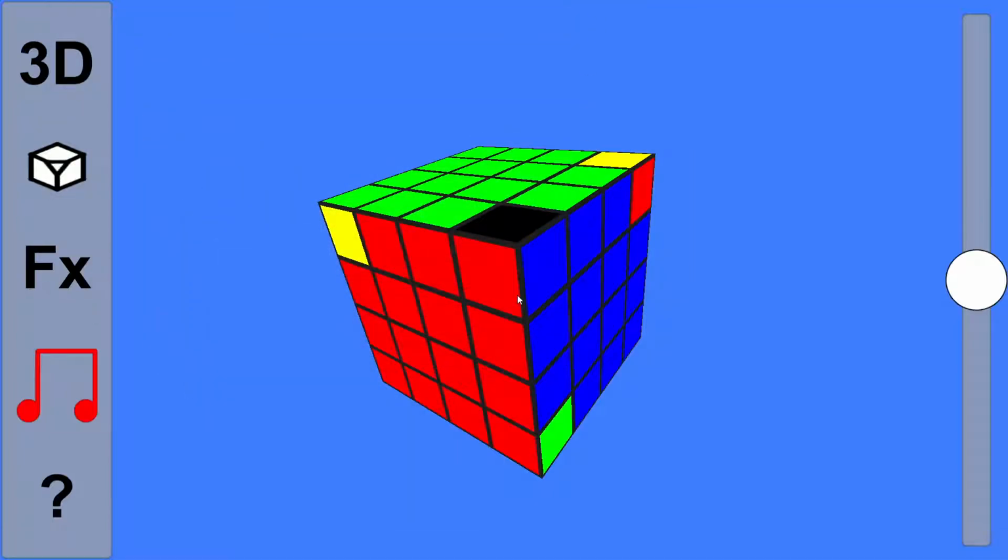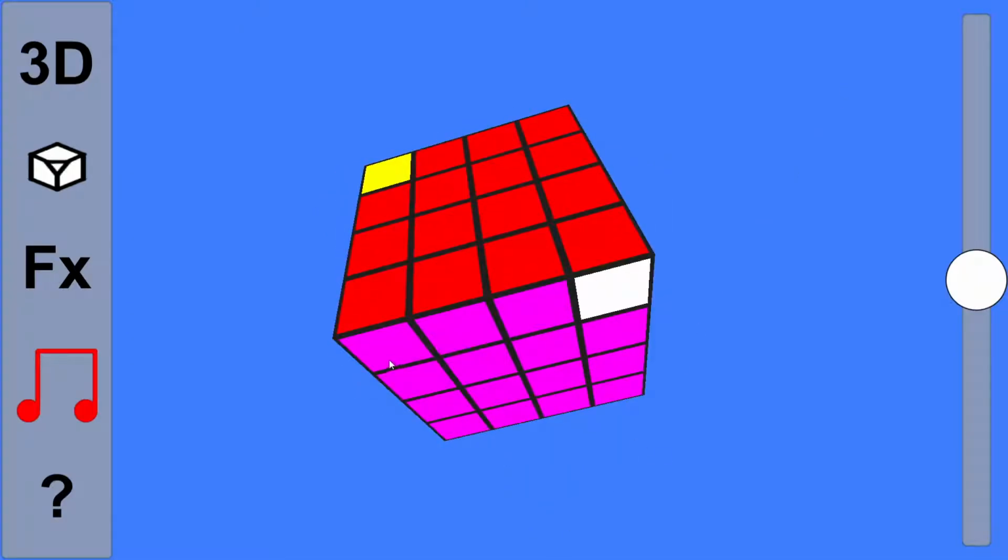The same is true for the tesseract. If you want to make something rotate, you have to put your fingers on the side. So if you want to rotate the red plane, you have to put your fingers somewhere along this ring around it.